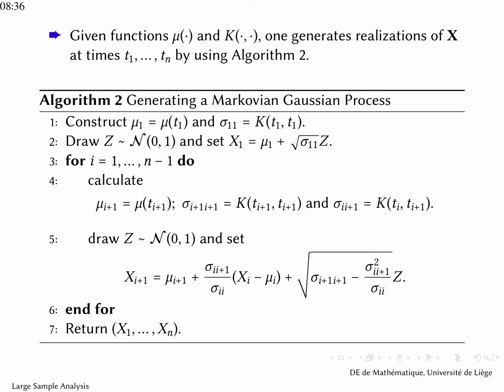So we will know that for this observation we can transform this value from the standard normal distribution to the conditional normal distribution that we calculated previously. The way we do this is, again, we take xi plus 1 as the mean plus the standard deviation times z. And then in the end we just return the sequence x1 up to xn.